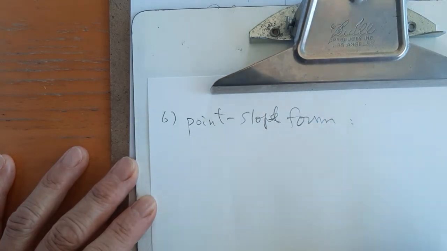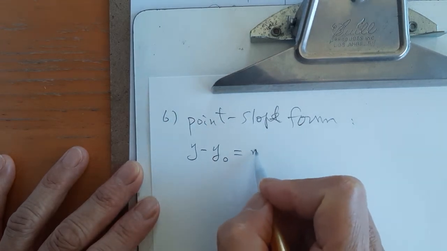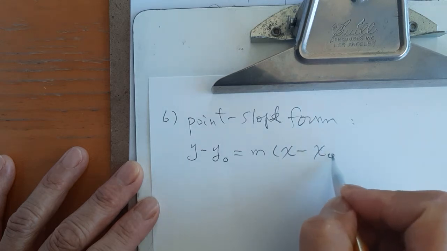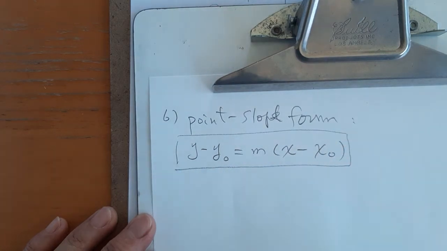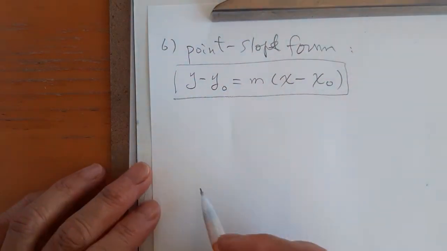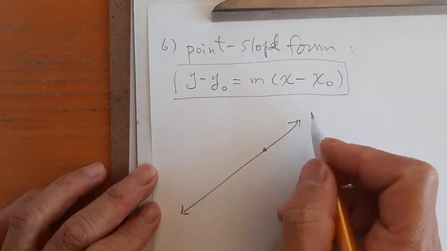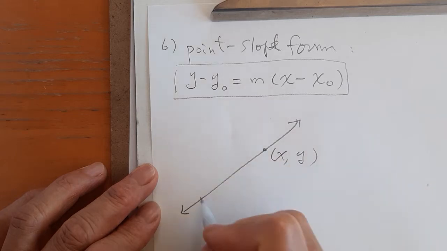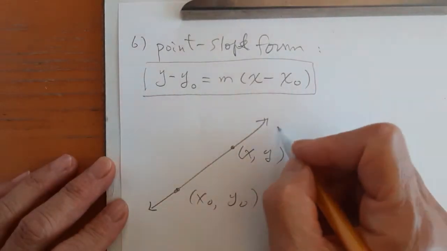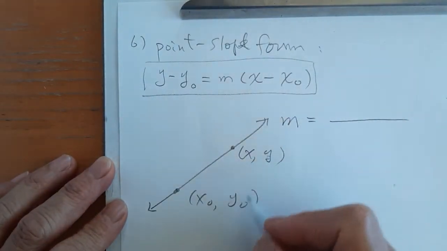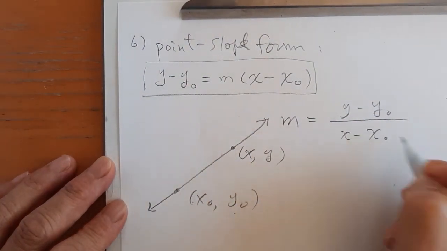Point-slope form is y minus y0 equals m times (x minus x0). Point-slope form actually comes from the slope formula. If any point on the line is assumed to be (x, y), and the given point is (x0, y0), then this line's slope m is equal to the y change, y minus y0, over the x change, x minus x0.